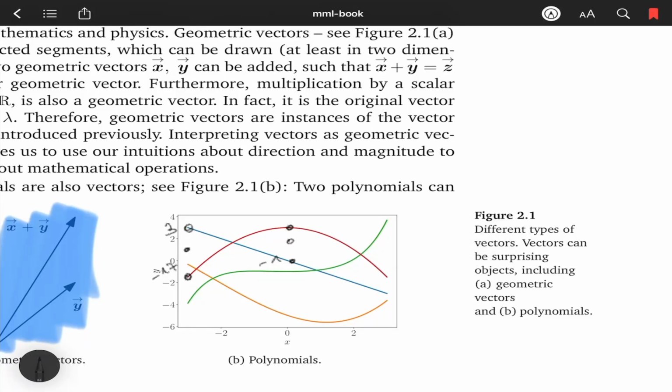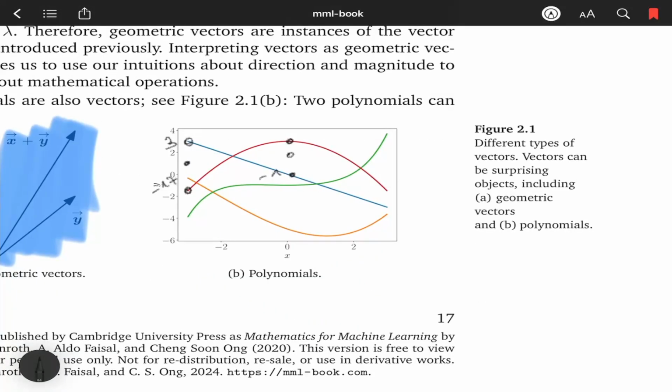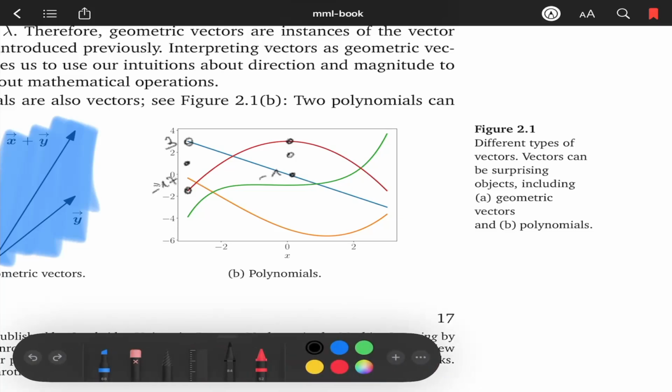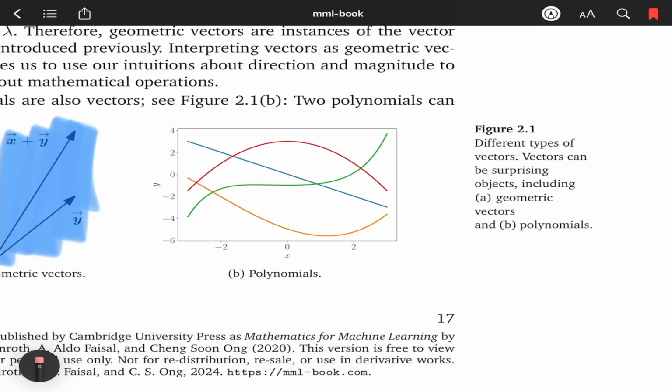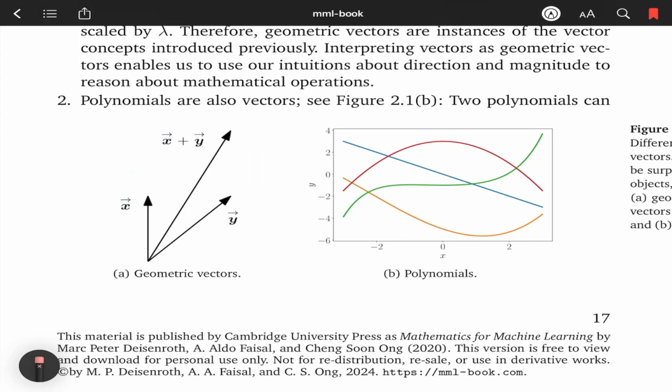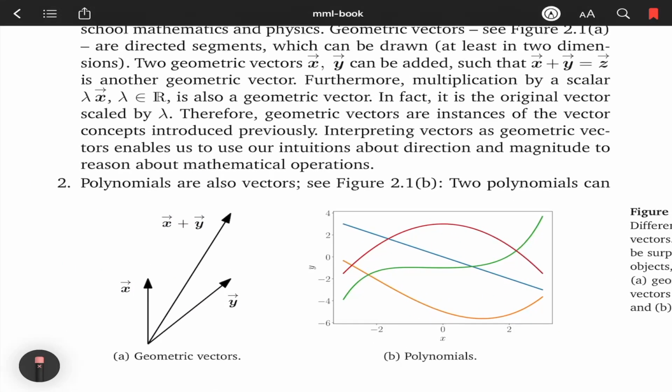And you can also take any line and multiply it by a scalar, like make it twice as big. Okay, so I accept that. It makes sense. It's just that the name vector is really strongly associated with an arrow.